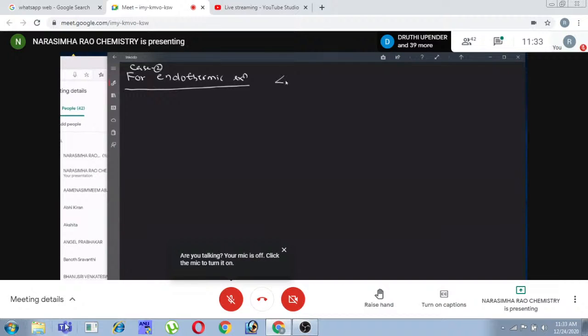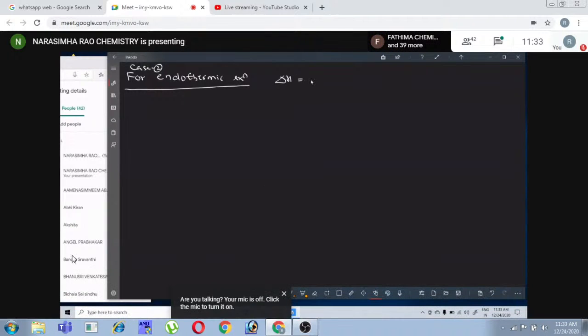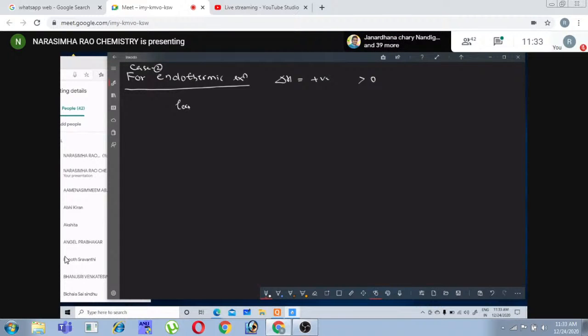Yes, delta H is positive, meaning greater than 0. So apply this one: log K2 by K1 is greater than 0. It's clear now? Clear?